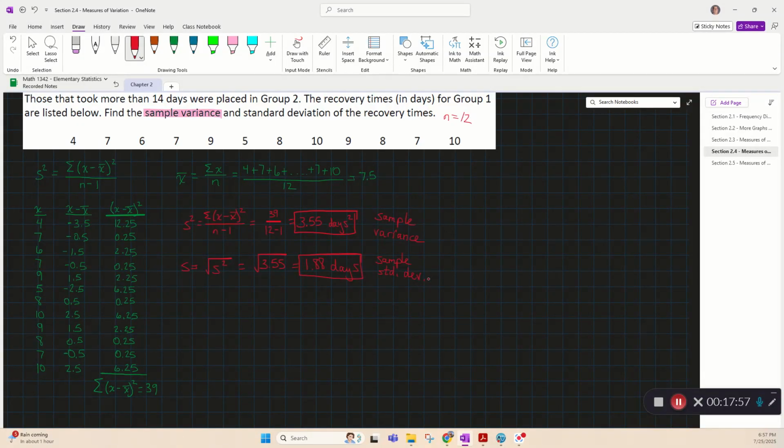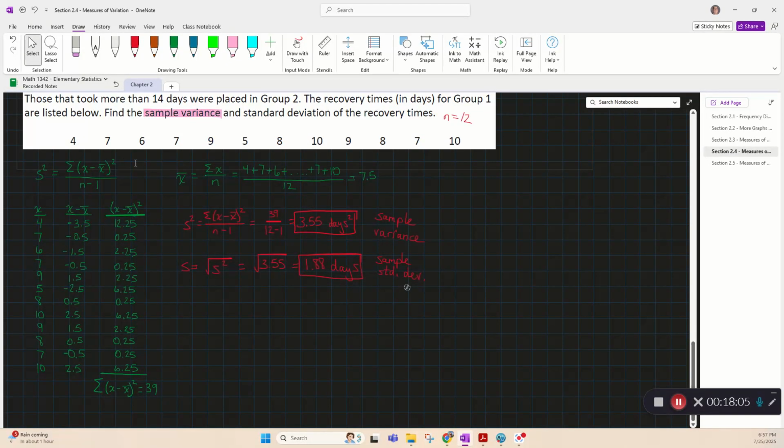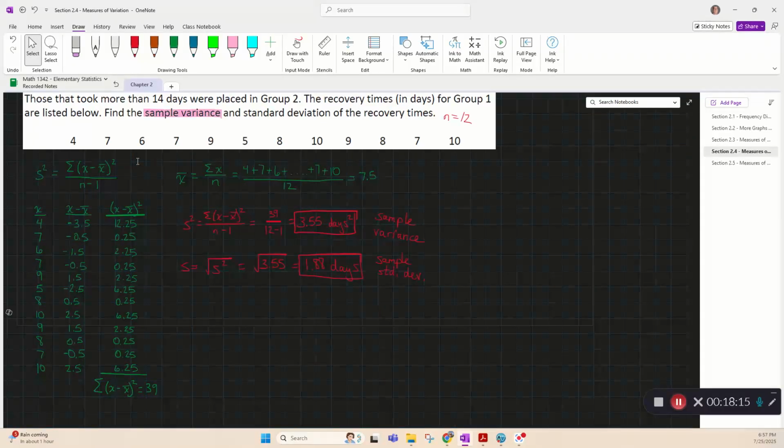Okay, so notice we have the mean, and we have the variance, and we have the standard deviation. Because we have to get the mean to be able to get the variance, to be able to get the standard deviation. So let's do a little summary for our data.